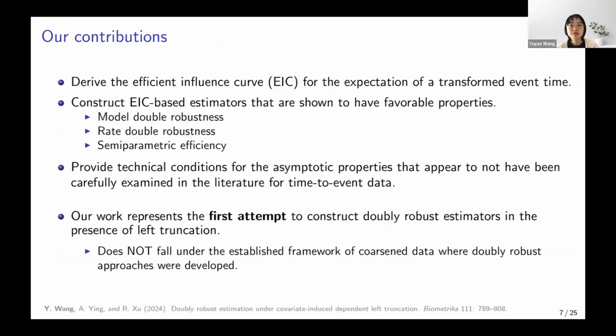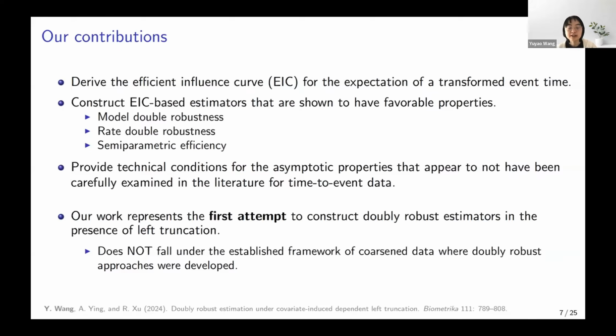To that end, we first derive the efficient influence curve for the expectation of a transformed event time. And then we construct estimators based on the efficient influence curve that are shown to have favorable properties like model double robustness, rate double robustness, and semi-parametric efficiency.